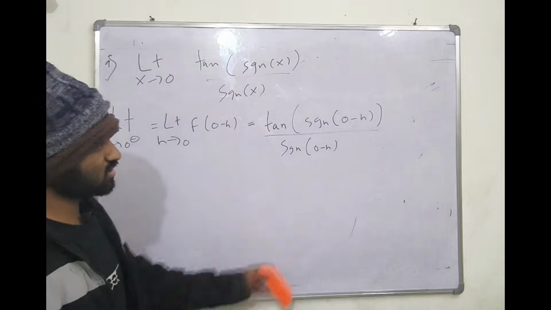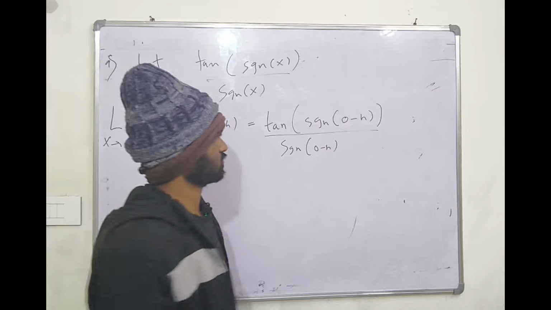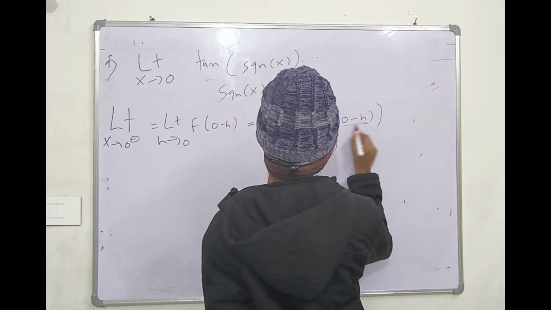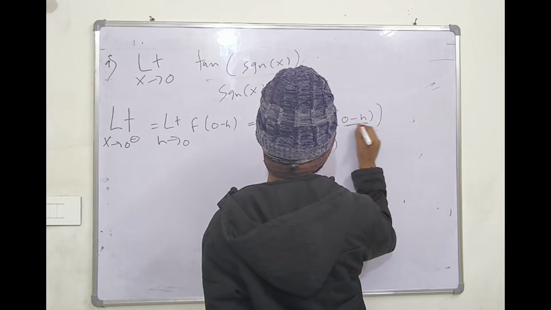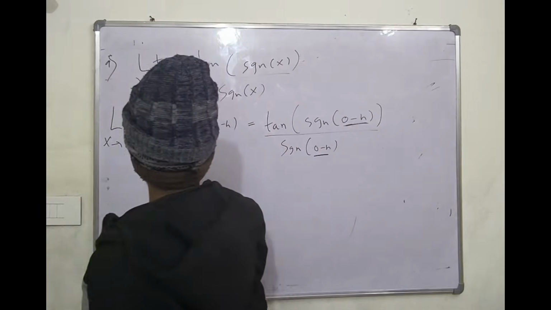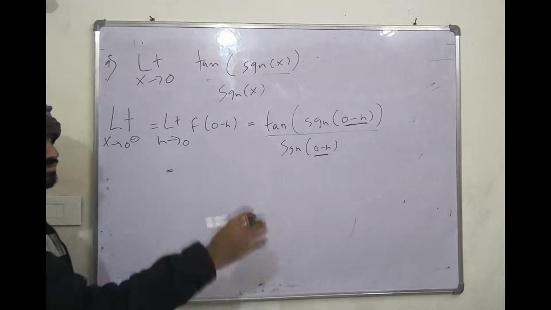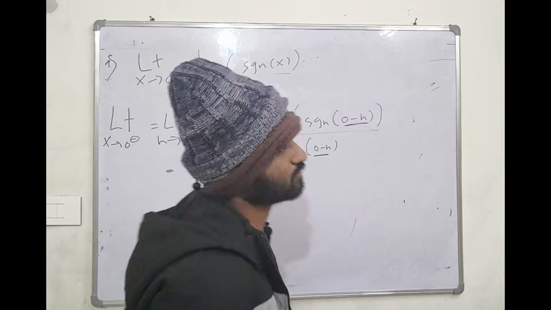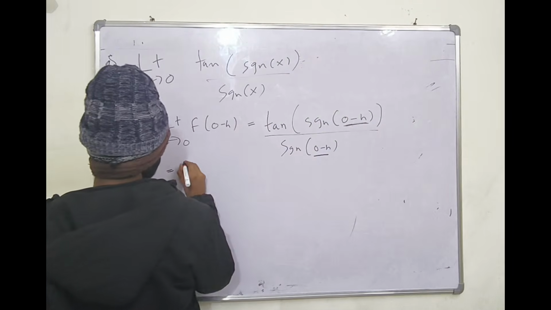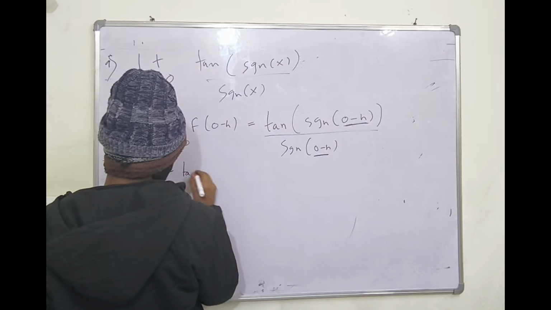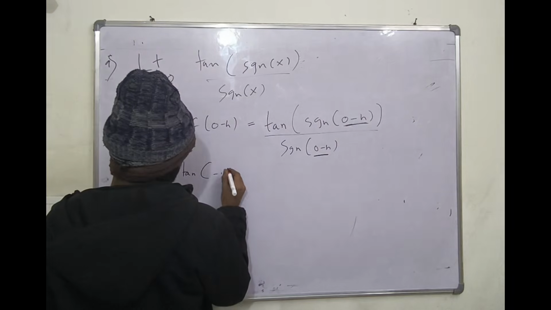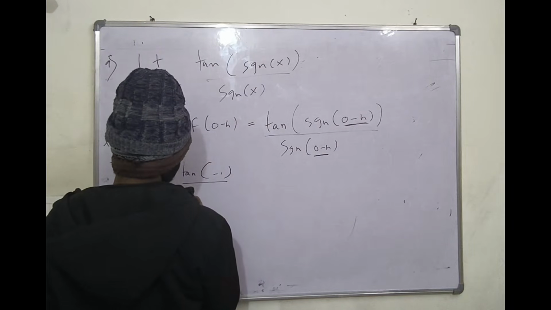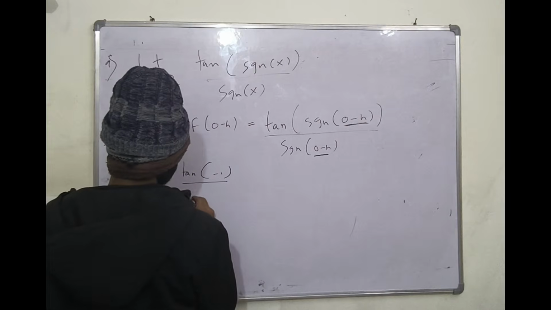Since h is positive, 0 minus h is less than 0. This quantity is less than 0. So I said for all quantities less than 0, signum value is -1. So this is tan of -1 by -1.